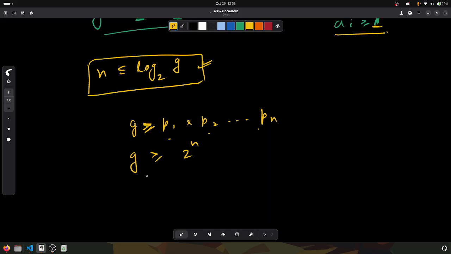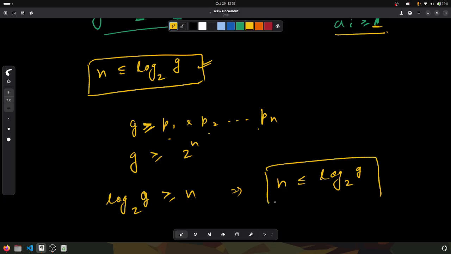So if we take log base 2 on both sides, log G base 2 will always be greater than or equal to n. So this is simply n is less than or equal to log G base 2. So log G base 2 is a very small number.